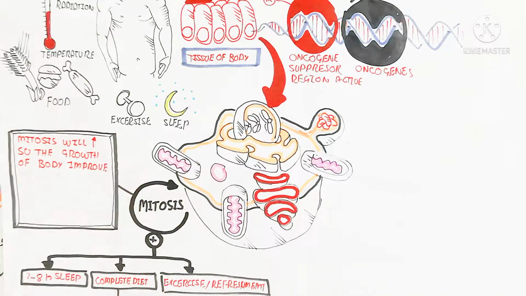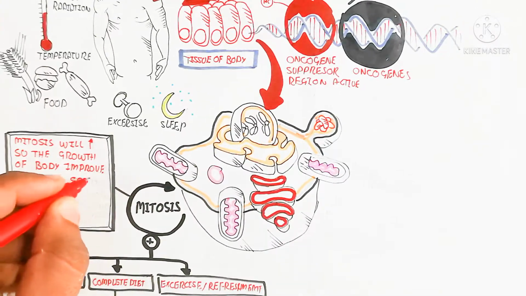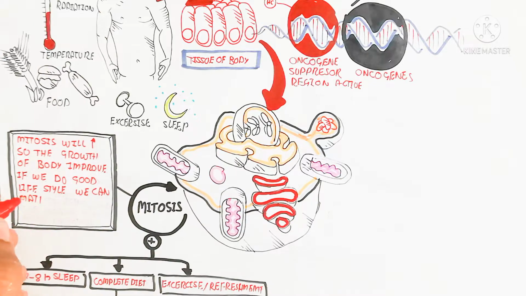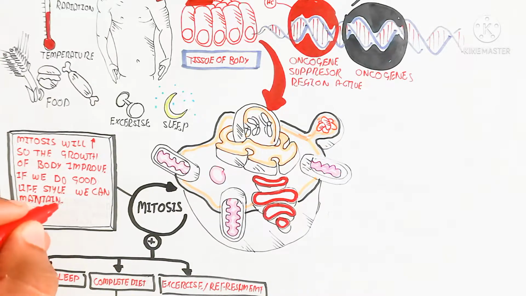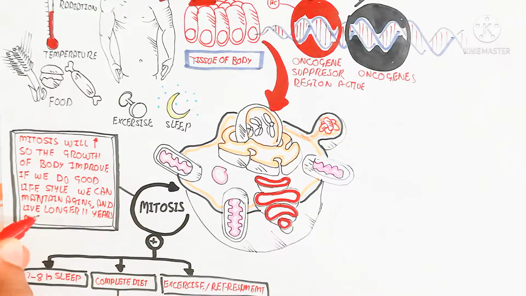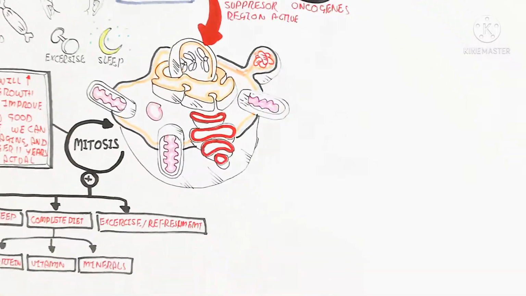So mitosis will be high and the growth of the body improves. If we follow a good lifestyle, we can maintain aging and live longer, 11 years more in fact. So these are the important things we need.